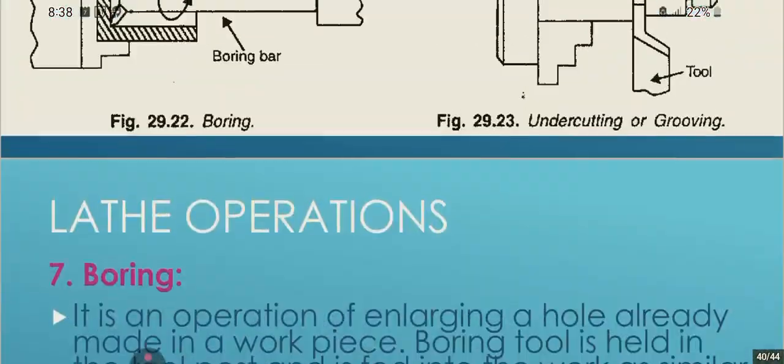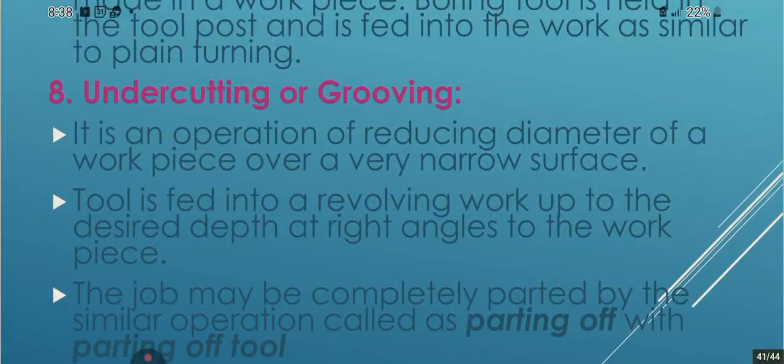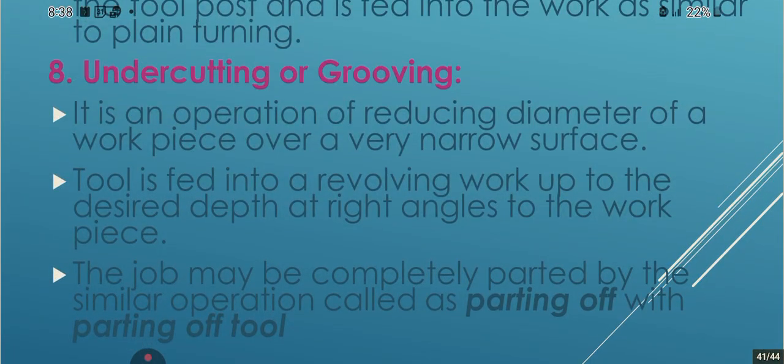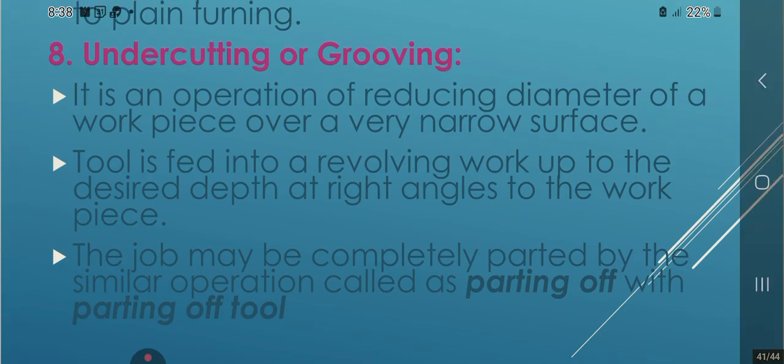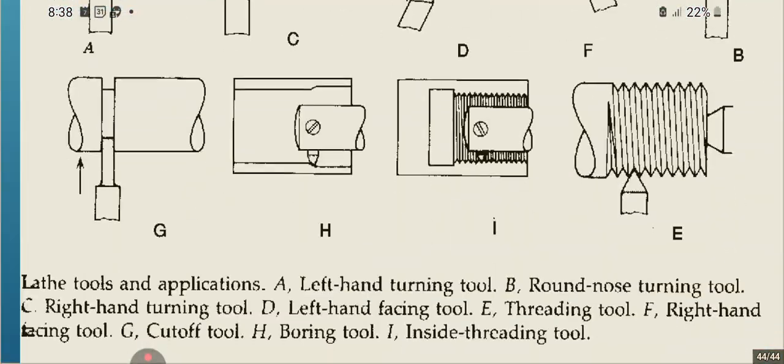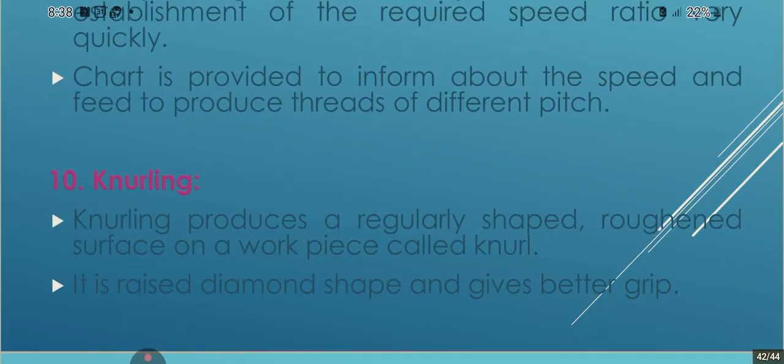Grooving is reducing the diameter of a workpiece over a very narrow surface. Knurling is a raised diamond shape and gives better grip. It is a regularly shaped roughened surface on a workpiece. That's it.